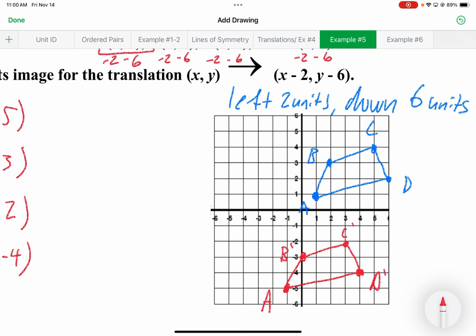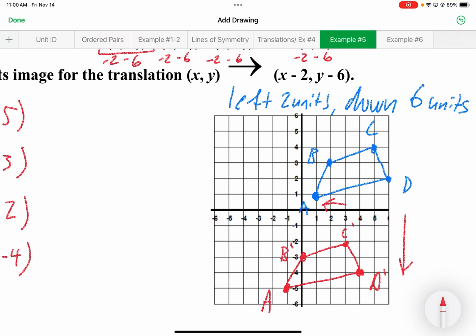Does our red quadrilateral, I'll give you a second to graph it so you can look at it yourself. But does our red quadrilateral look like our blue quadrilateral was shifted left 2 and then down 6? So if I shift this guy left 2 and then down 6, does it seem like I would end up with a red?